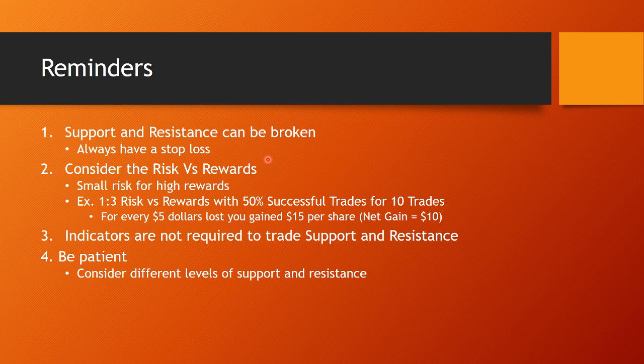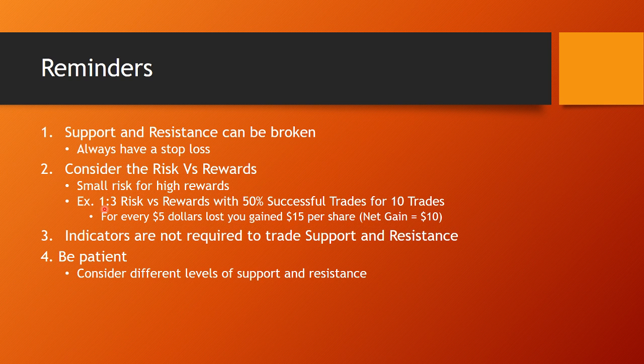Never enter a trade in between, because it's very difficult to calculate risk and reward if you're trading in between support and resistance. So in order to calculate risk and reward, you want to trade at the extreme, either the support level or the resistance level, and this will help you consider the risk and reward.